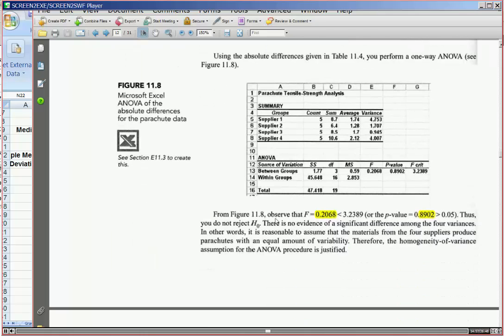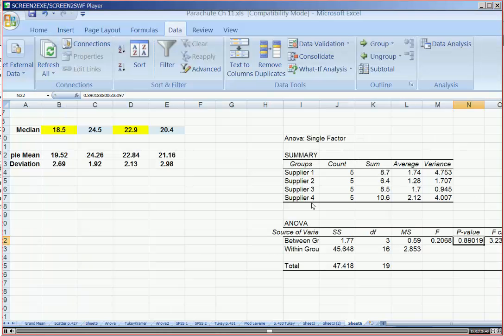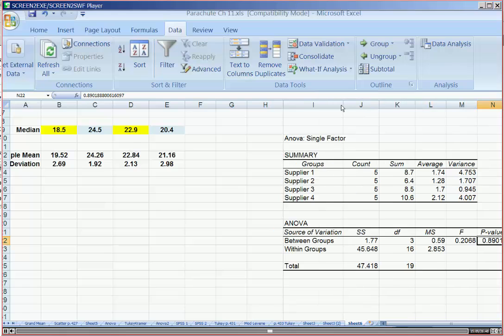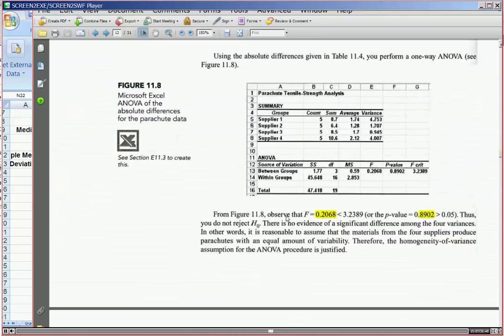Okay, this is done. The conclusion here from figure 11.8, which is this, or as we have it in a clear version here. The F calculated is less than F critical, and as I mentioned, just by looking at the p-value, we do not reject the null, and the null was the variances are equal.